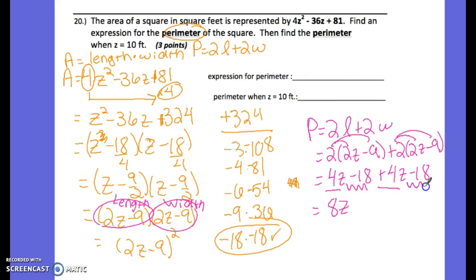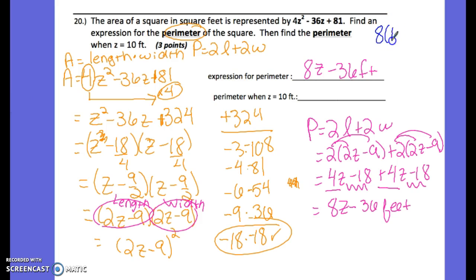Negative 18 plus negative 18 is negative 36. So that's your perimeter, which is in feet. So your expression for your perimeter is 8z minus 36 feet. And the last part, when z is 10 feet, you substitute it in.